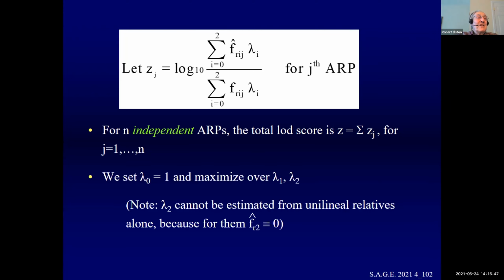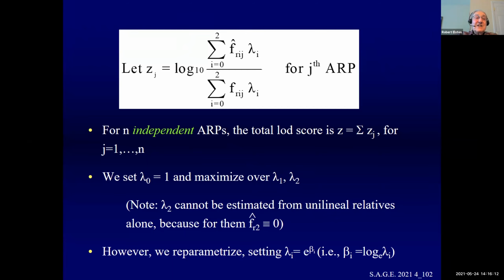Okay. So what we do here is set lambda 0 equal to 1 and maximize over lambda 1 and lambda 2. And note that lambda 2 cannot be estimated from unilinear relatives, because for them this is always 0. If they're unilinear, they can never have two alleles identical by descent.